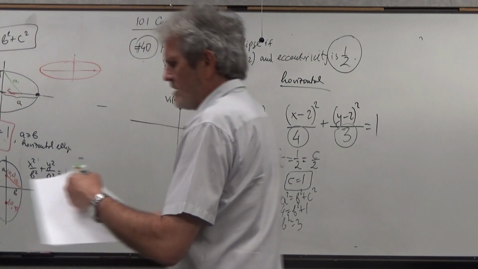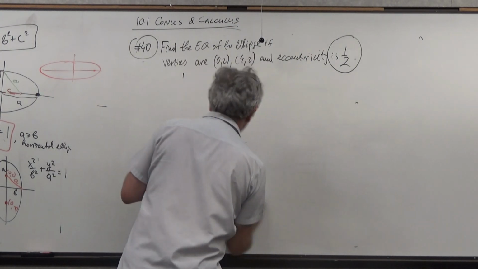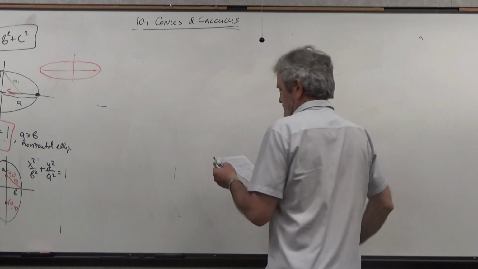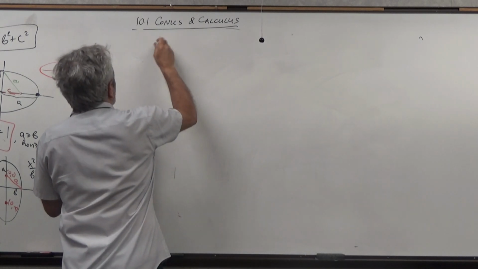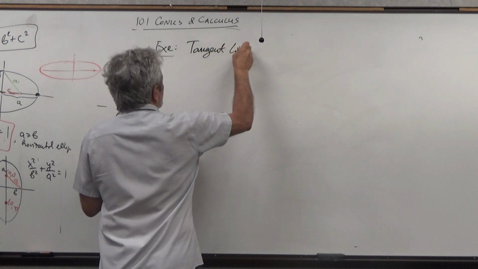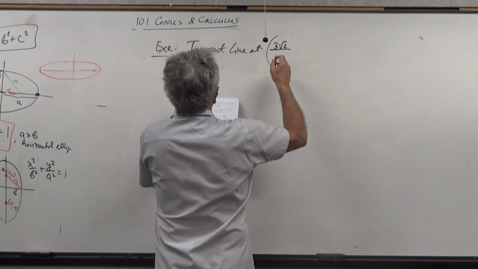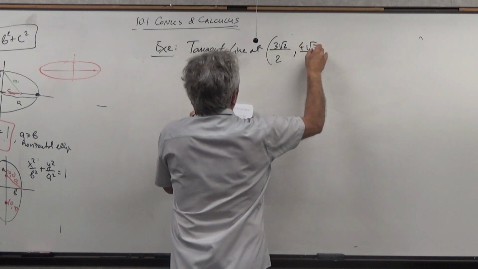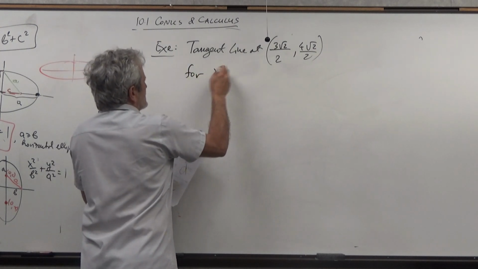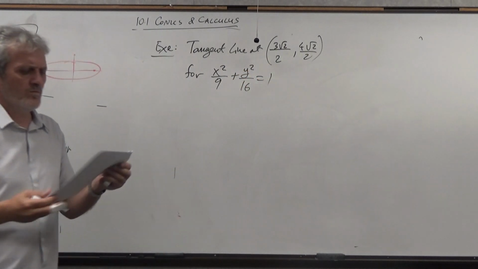One more thing. So here is an example. Find the equation of a tangent line at the point (3 root 2 over 2, 4 root 2 over 2) for the ellipse x squared over 9 plus y squared over 16 equals 1.